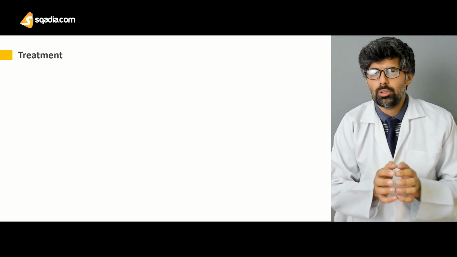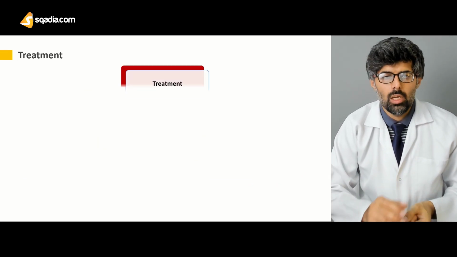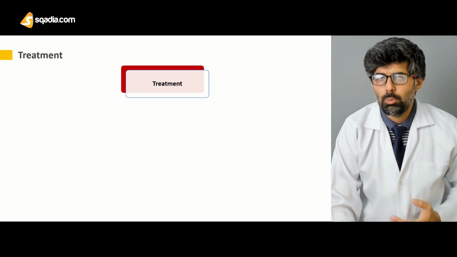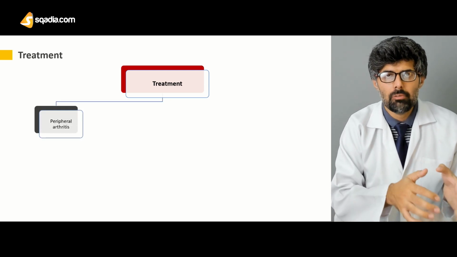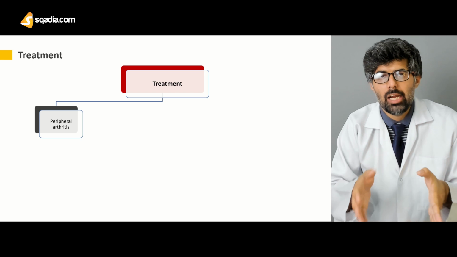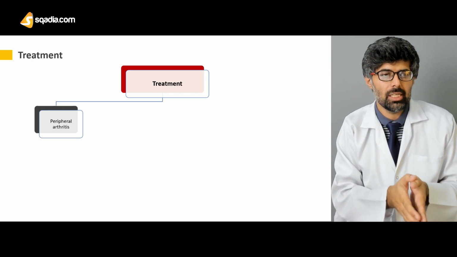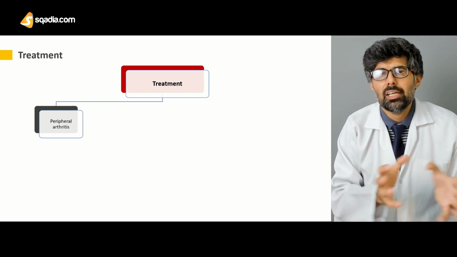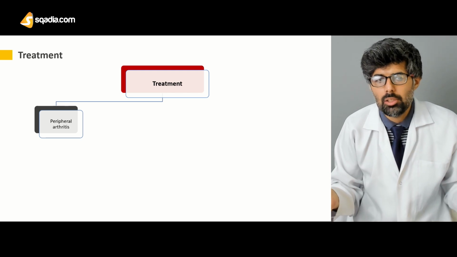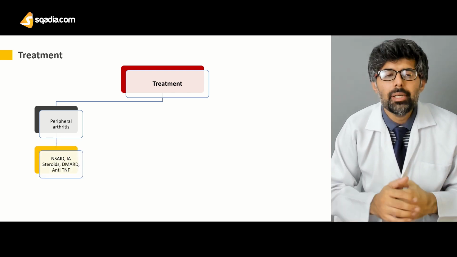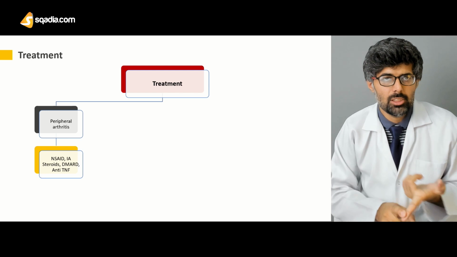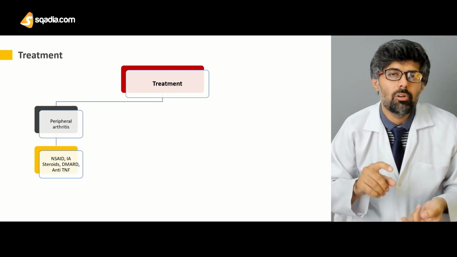Now let's talk about the treatment. Now the treatment of psoriatic spondyloarthritis can be divided by the area at which the damage is taking place. Now if the damage is at a peripheral arthritis site, it can be dealt with by using NSAIDs, the non-steroidal anti-inflammatory drugs.